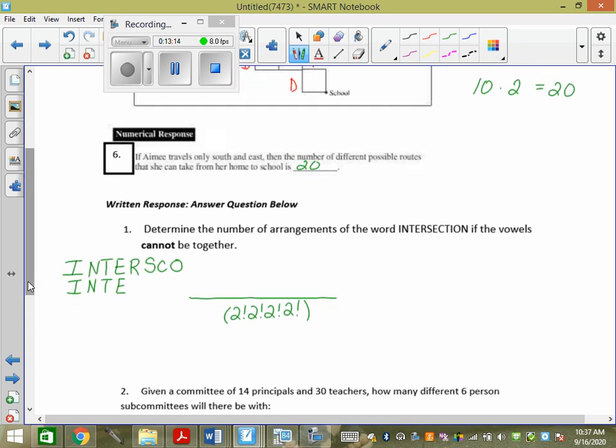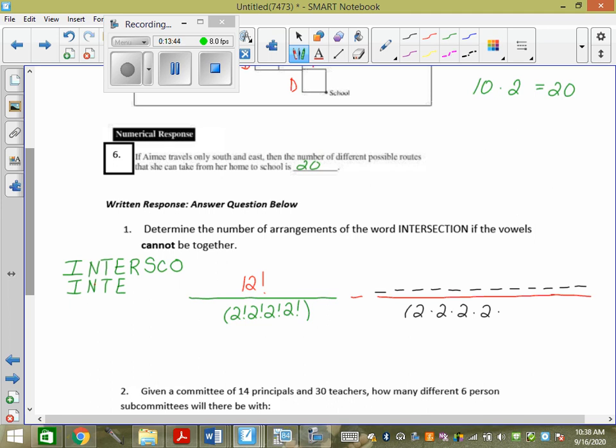Now it says the vowels cannot be together. So I have to do total: 1, 2, 3, 4, 5, 6, 7, 8, 9, 10, 11, 12. 12 factorial over that. That's the total, no restrictions, if I just did intersection. And then I have to subtract off the vowels together. 1, 2, 3, 4, 5, 6, 7, 8, 9, 10, 11, 12.